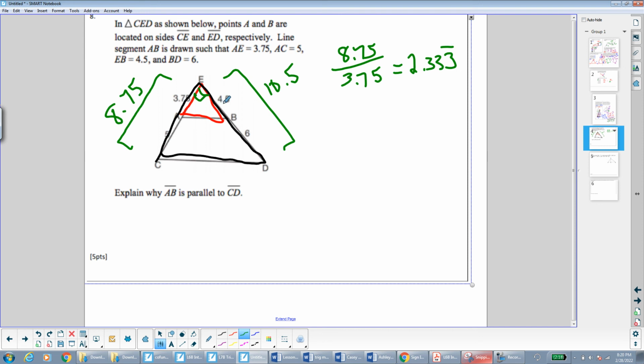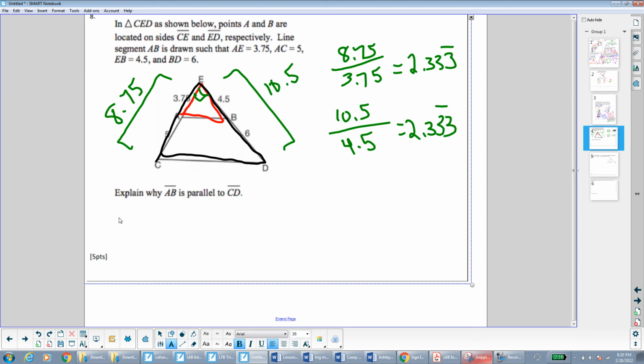And if I do 10.5 over the corresponding side from the small triangle, 4.5, let me see what that gives me. That gives me 2.333 repeating. So I can start writing my explanation.